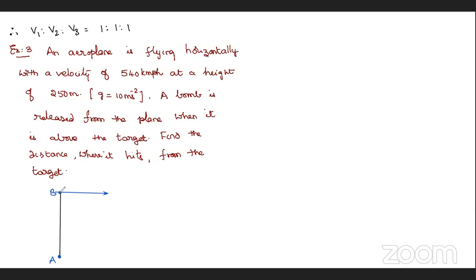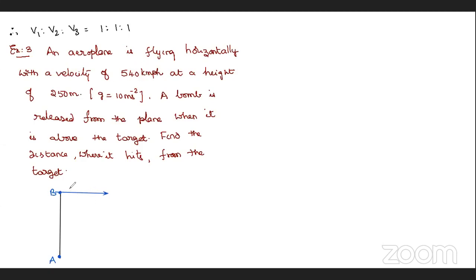My question is, that bomb won't fall vertically downwards. It is projectile motion, because the plane is flying horizontally. That's why after releasing, the bomb also flies horizontally with the same velocity of the aeroplane.